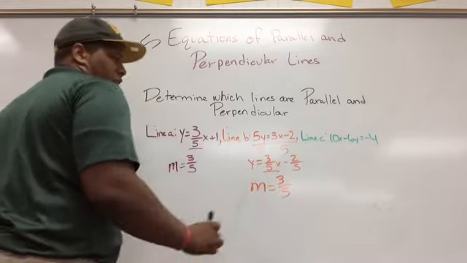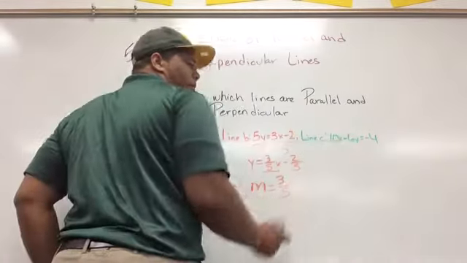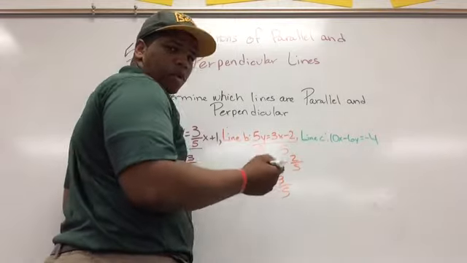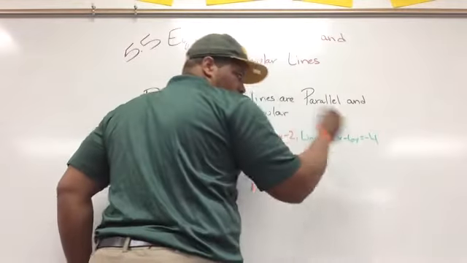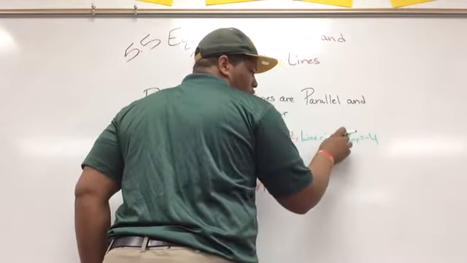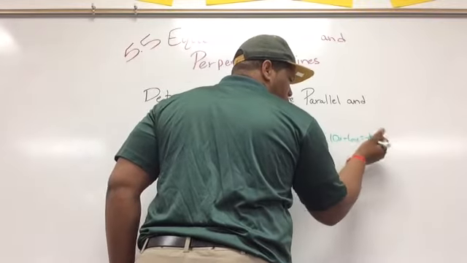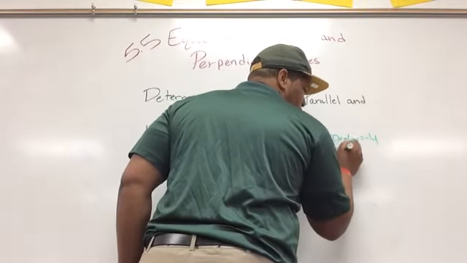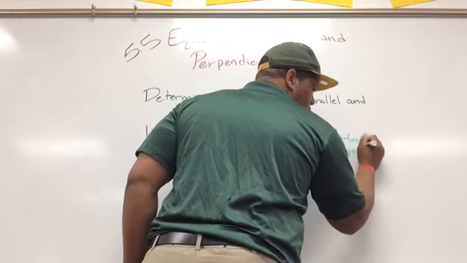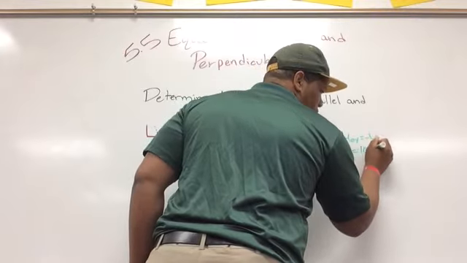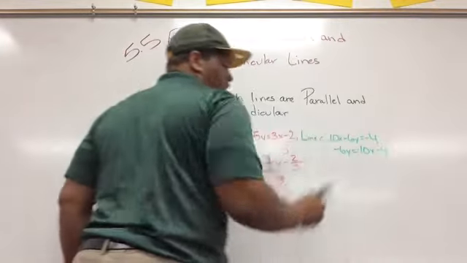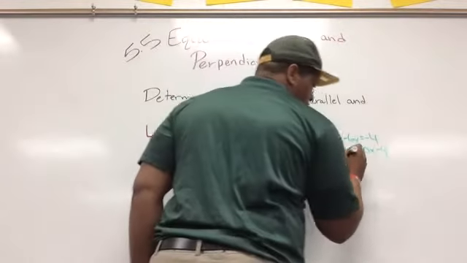And the last line I'm given is 10x - 6y = -4. So, once again, I need to get y by itself. So I'm going to subtract 10x on both sides, which leaves me with -6y = -10x - 4. Then I'm going to divide both sides by -6.